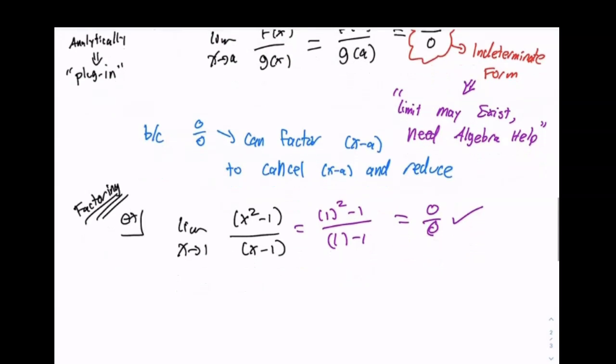But sometimes I'll give you this same type of problem, but I might say the limit as x approaches 2. And some people go, oh, 0 over 0. Well, if I plug in 2, I'm not going to get 0 over 0. I'm actually going to get an actual number. I get 3 over 1, which is the answer. So you just got to be careful. Plug in, make sure what you get. Now, I got 0 over 0.